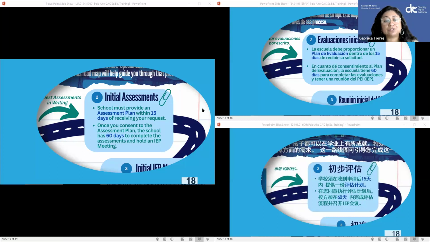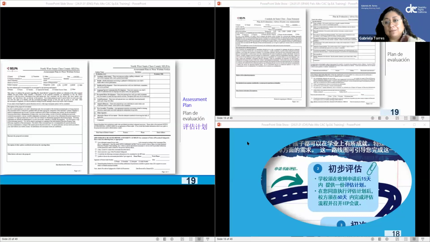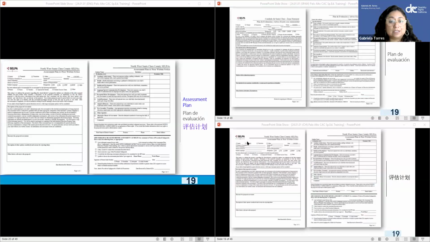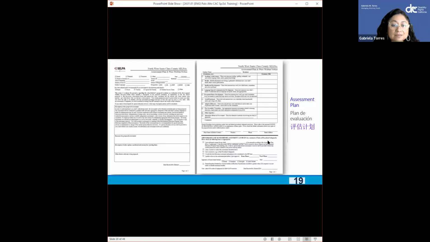We're going to continue on our journey through the roadmap here. And this is the copy of the assessment plan that I was referring to. I understand that it's very, very small and difficult to see, but I believe these are going to be provided to you to review as well.